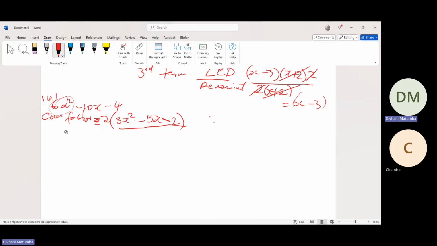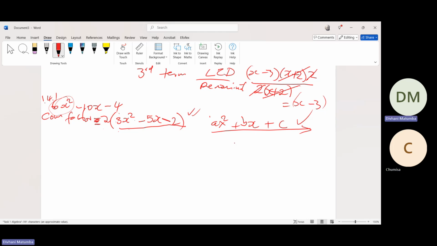That's a trinomial. If you get an expression which is of that standard, it's a trinomial, unless it's not factorizable. Can we factorize this expression further? You think so, sir? Yes, sir.